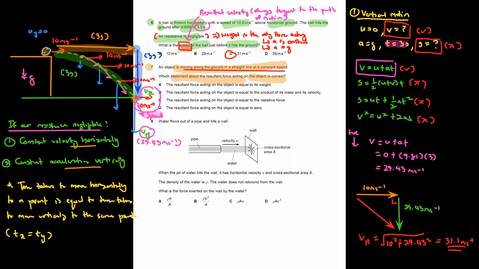Okay, so let's just say, for example, I have something like this, and I have an object that moves with constant speed like this. Sorry, let me just change the color again. This one they told you is constant speed.